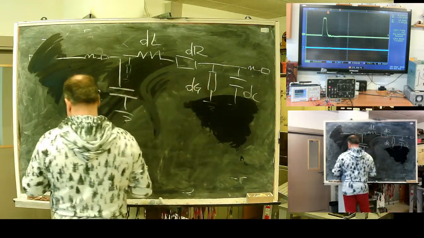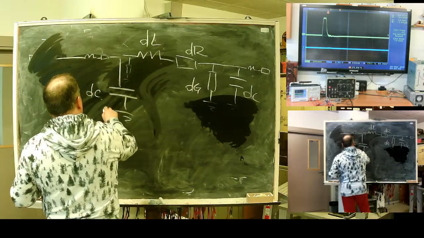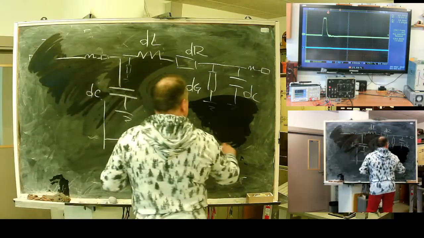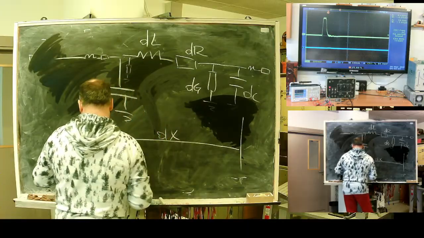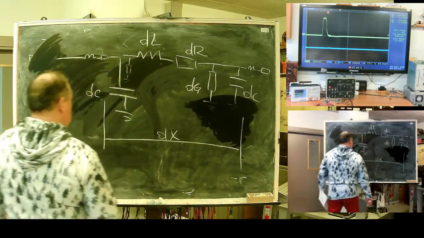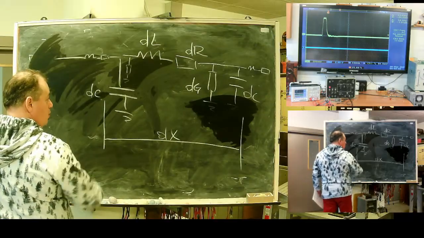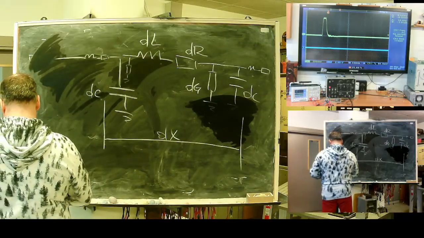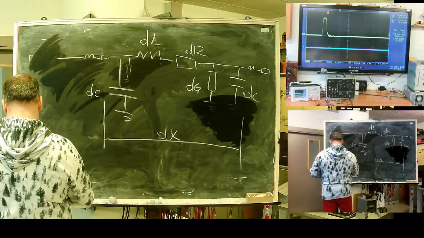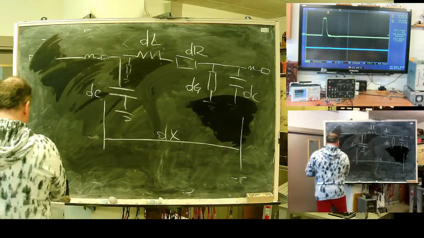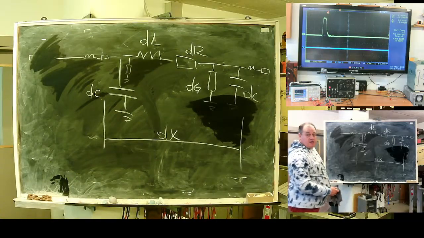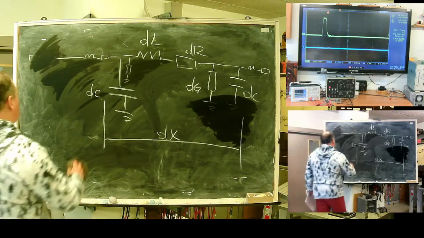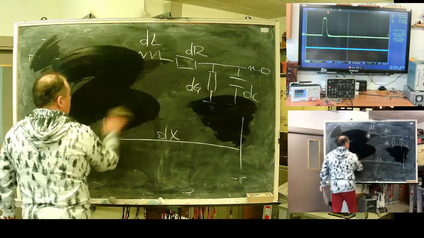Next one. Here is my very small piece of line length. Such a line can be described with the so-called telegraph equation.